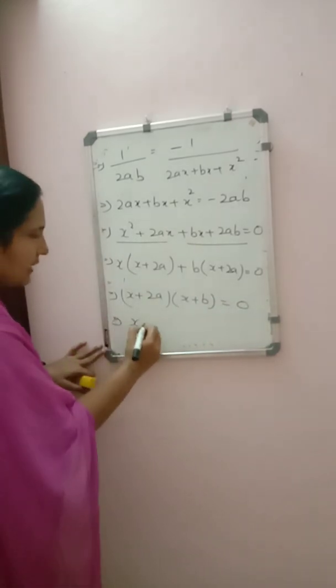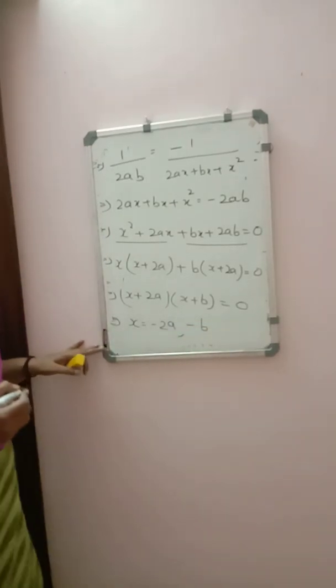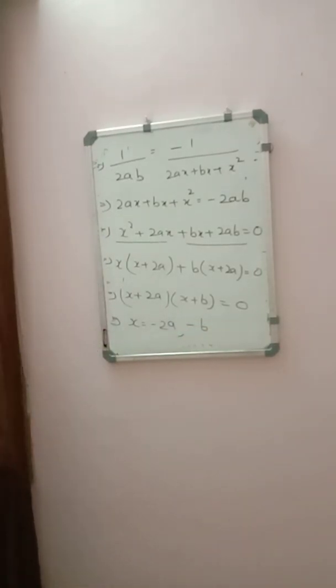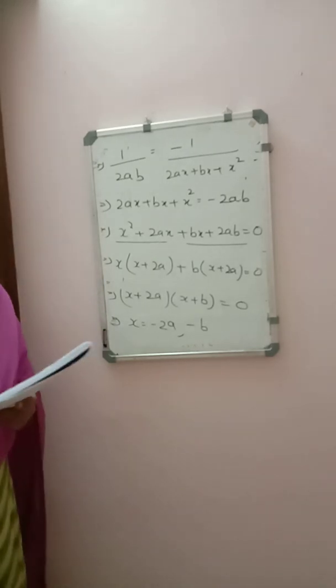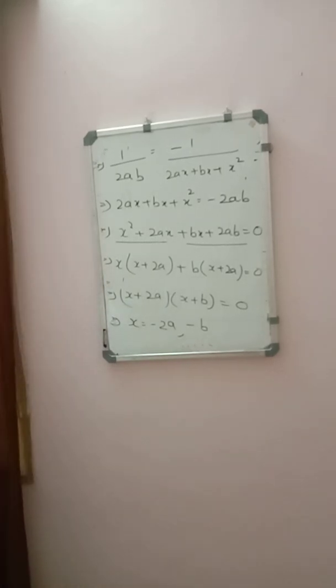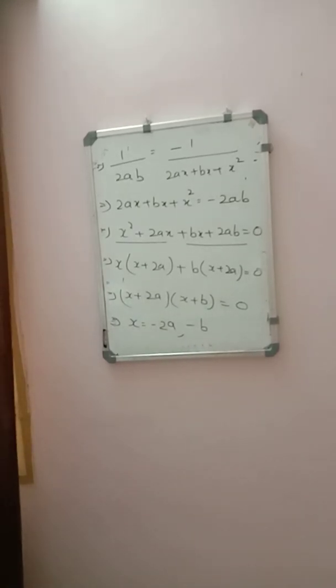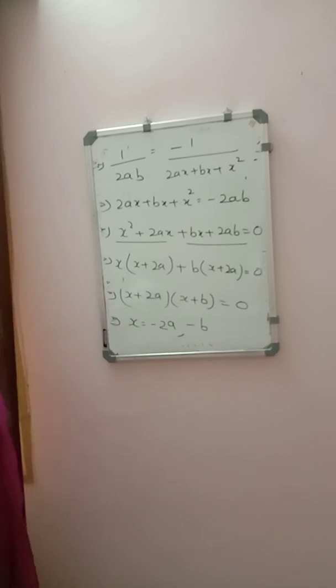So the two values of x are minus 2a and minus b. x equal to minus 2a and x equal to minus b. This is an important question and usually it is asked in board examination also. Now moving to another type of question.